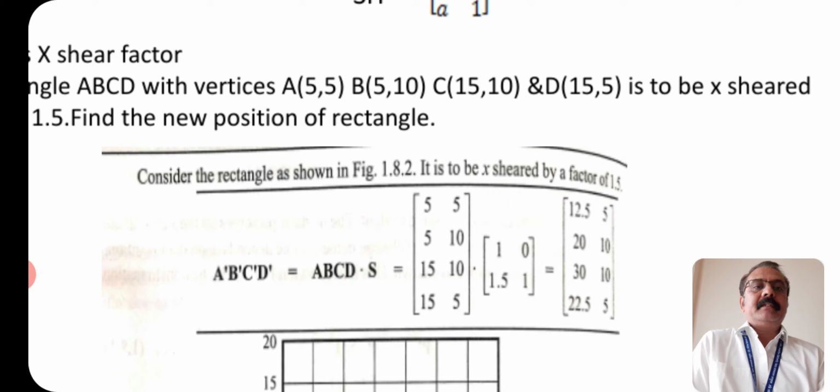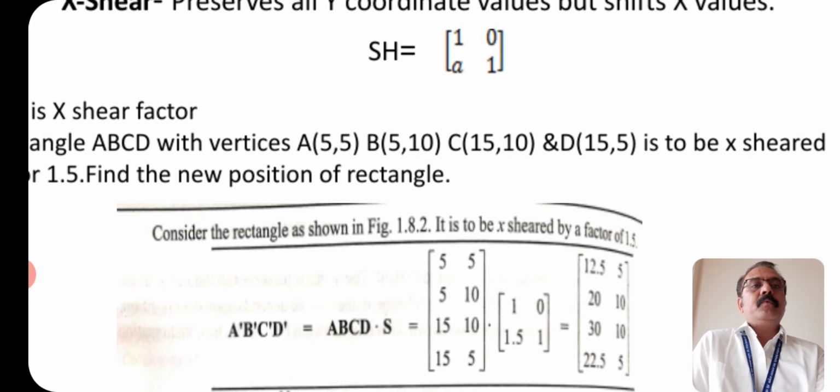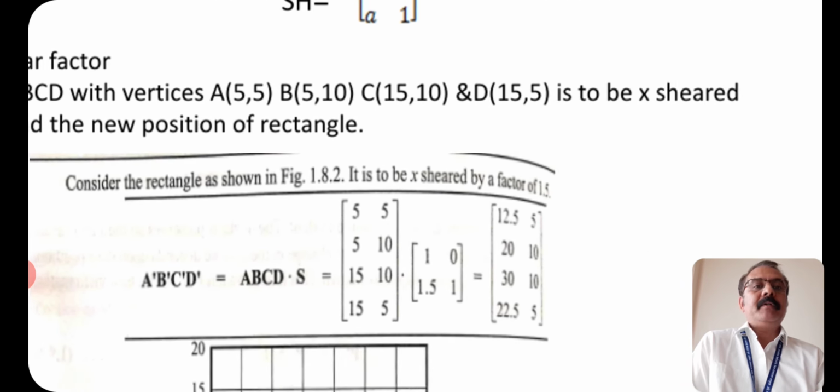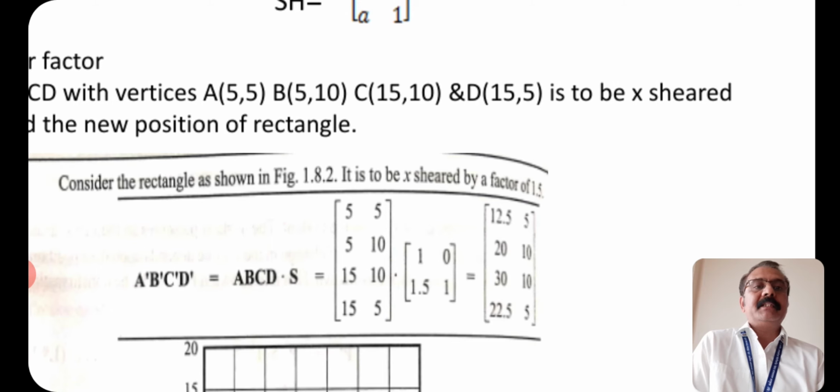the shearing matrix, capital S. Here the X shear factor is 1.5, and the formula is 1 0 A 1. Here A is 1.5. Just put the value of A as 1.5, and you will get the shearing matrix, that is 1 0 1.5 1.